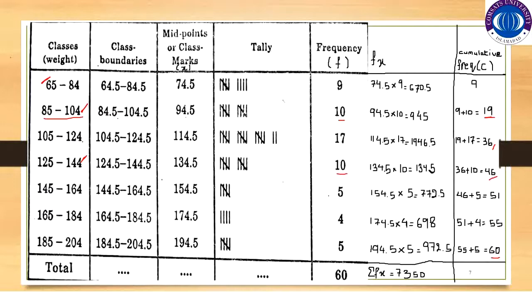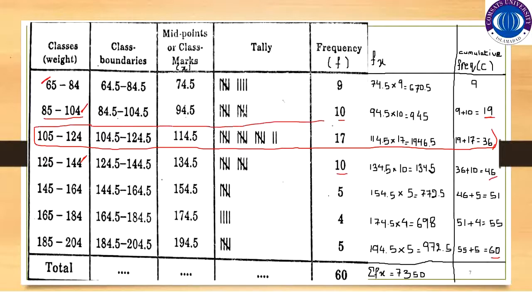And we also know that the cumulative frequency of the previous class was 19, and this class is 36. It means the 30th observation lies in this class. So we will select this class, and this class will be known as the median class. This is our median class.